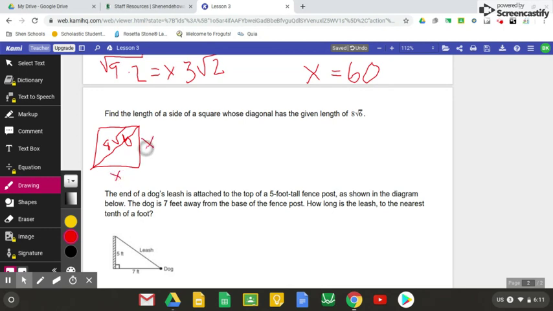So if this side's x, guess what that one over here is? x too. So this equation, I got x squared plus x squared equals 8 radical 6 whole thing squared. And how do I know that's my c? Because here's my right angle. Across from it, c.